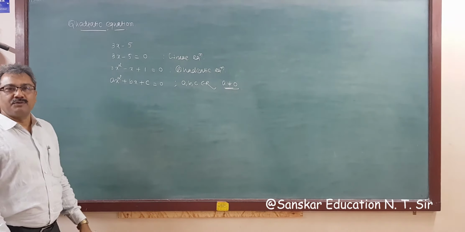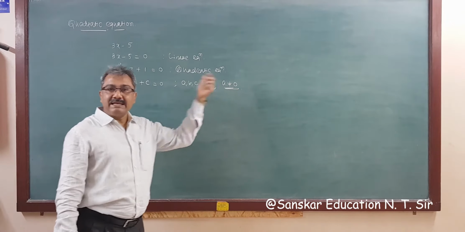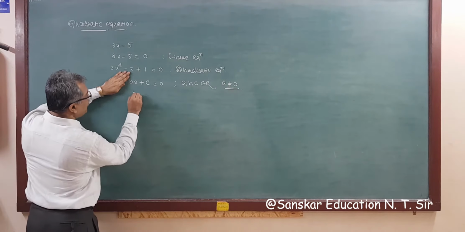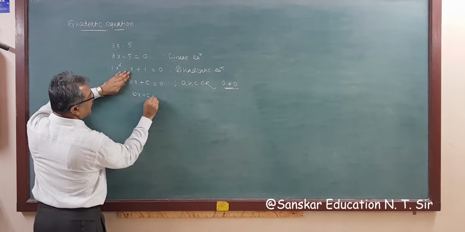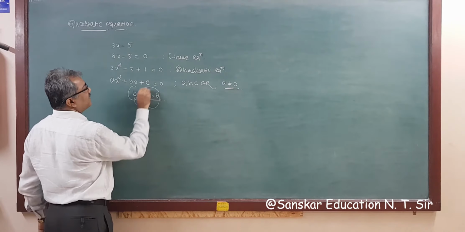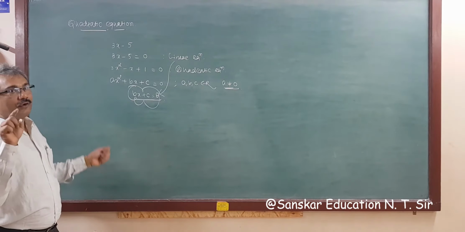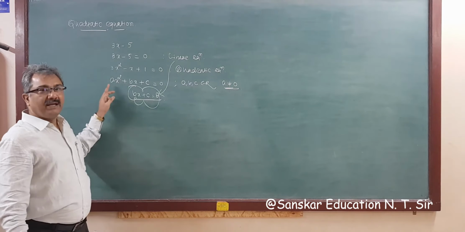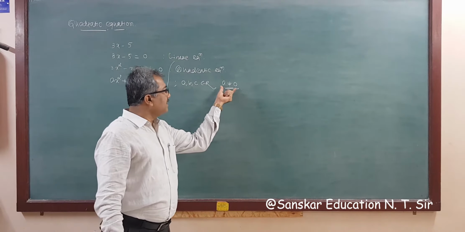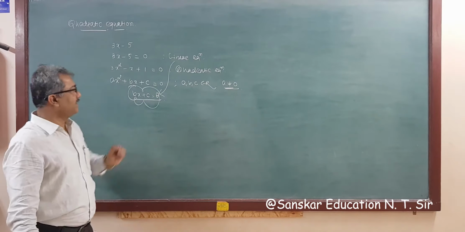A not equal to 0, because if a is equal to 0, then this equation becomes bx plus c equal to 0, and you know this is nothing but a linear equation. So for quadratic equation general form ax square plus bx plus c equal to 0, this is your necessary condition. A not equal to 0 must be there, right?